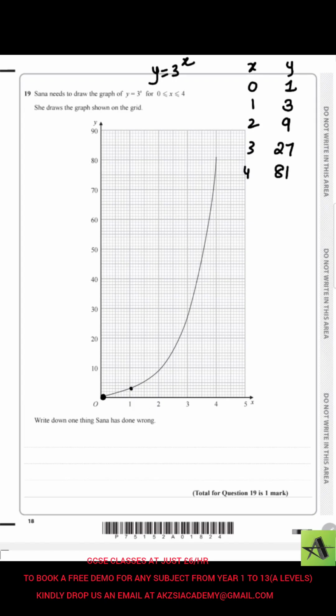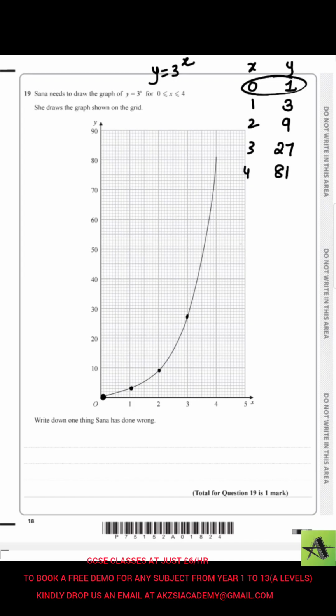1, 3 is correct, I can see. For 2, 9 is correct. 3, 27 and 4, 81 are perfectly fine. And it's given, write down one thing Sana has done wrong. So obviously she has plotted 0, 0, and it should be 0, 1.